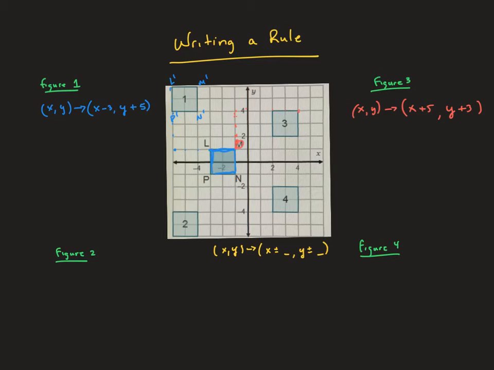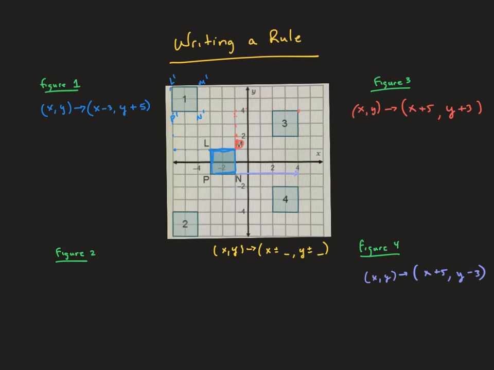If I look at my next figure, figure number 4, it has actually shifted the X value the same amount. And then the Y value is going to be shifting down 1, 2, 3. So it looks like I have X, Y. So my X value is plus 5, right? That's my translation. And then my Y value is going to be minus 3 instead of a positive 3.